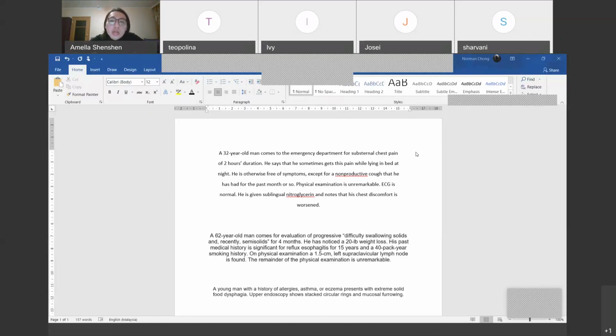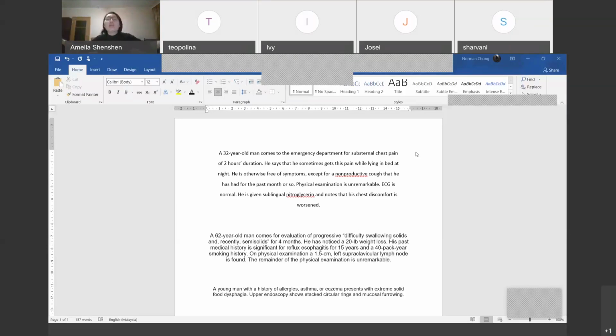Physical examination is unremarkable. ECG is normal. He is given sublingual nitroglycerin and notes that his chest discomfort is worsened.